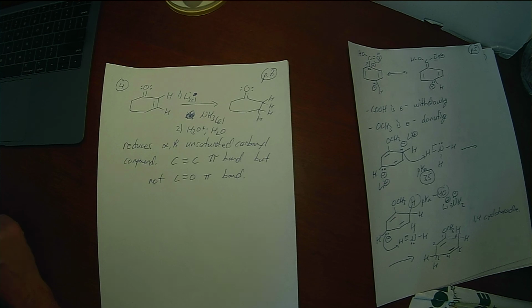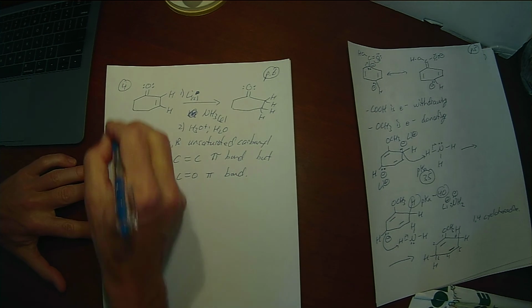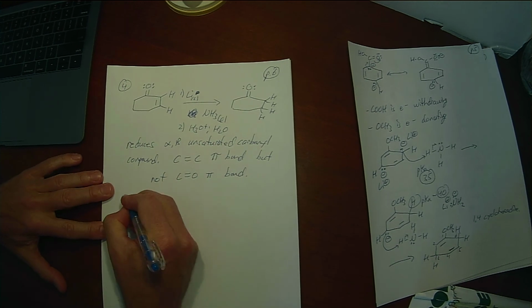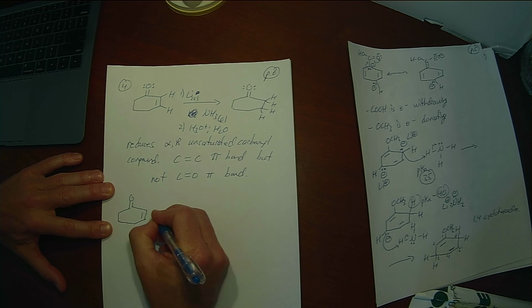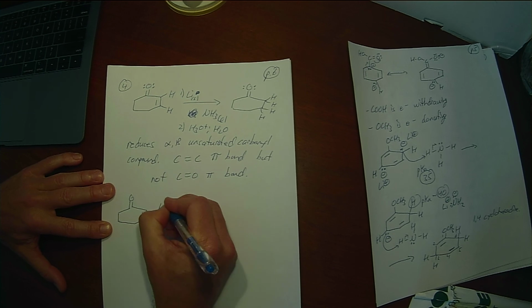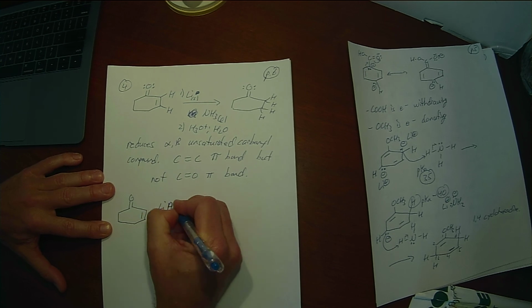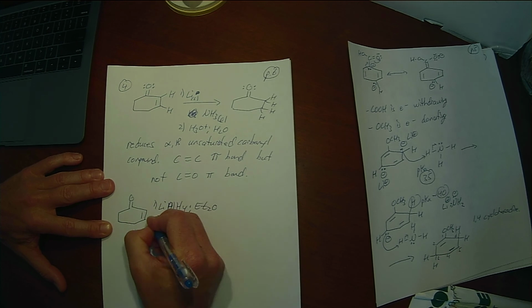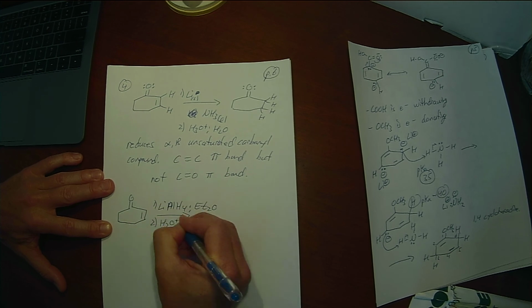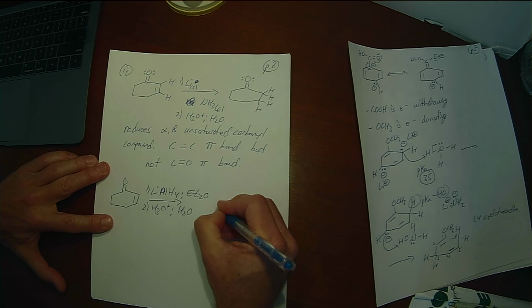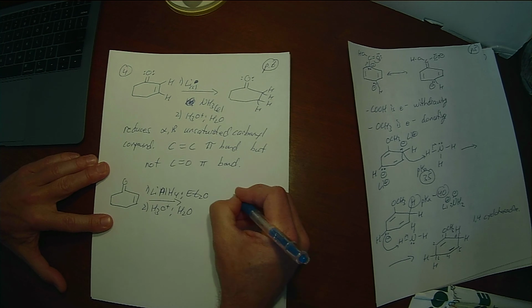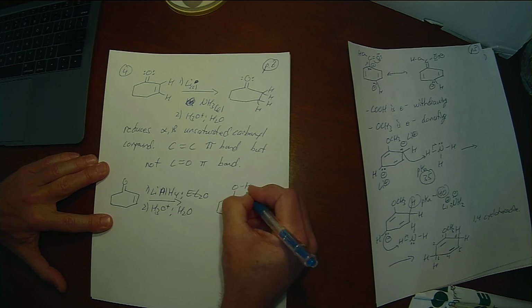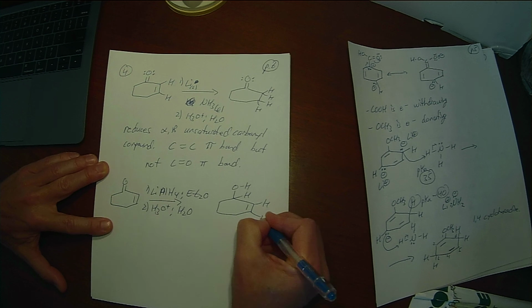Whereas lithium aluminum hydride would reduce the carbon-oxygen double bond and not touch the carbon-carbon. So if we use the standard lithium aluminum hydride in ether, followed by aqueous acid workup, we get the opposite result, where we reduce this to an alcohol and the carbon-carbon pi bond stays put.